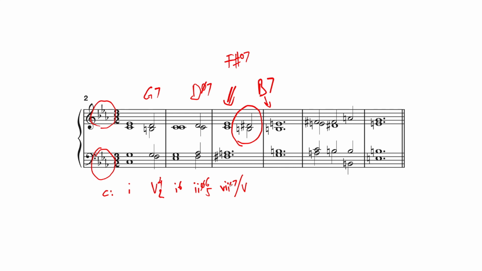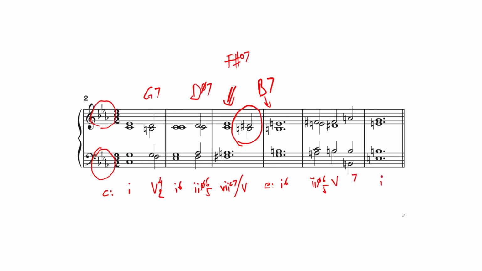I skip this part for now. I continue in E minor. This is the first inversion tonic triad, and after that we have 2 half diminished 6 5 and 5, it becomes 5 7 and then 1.